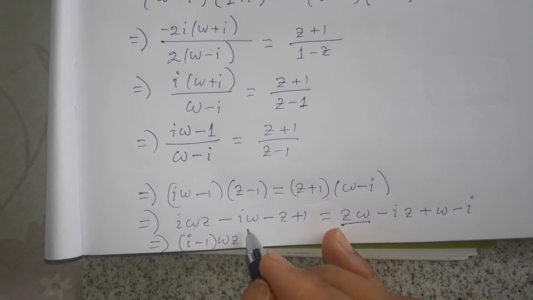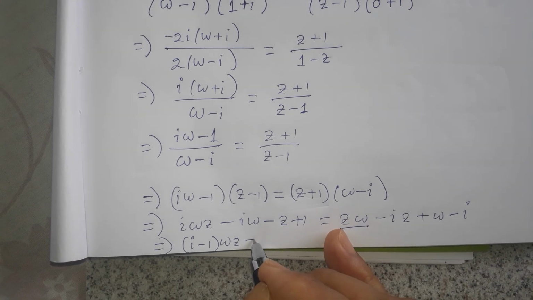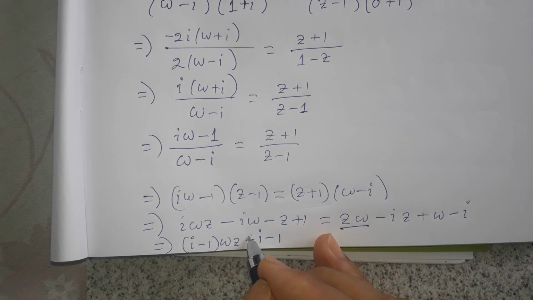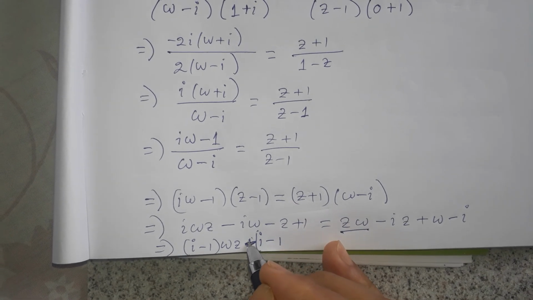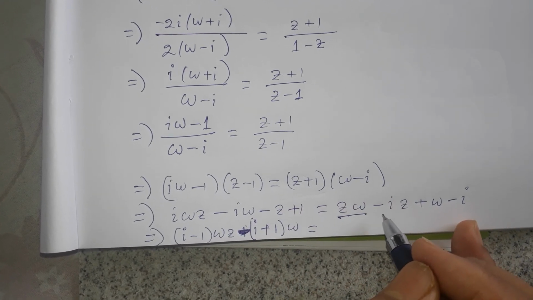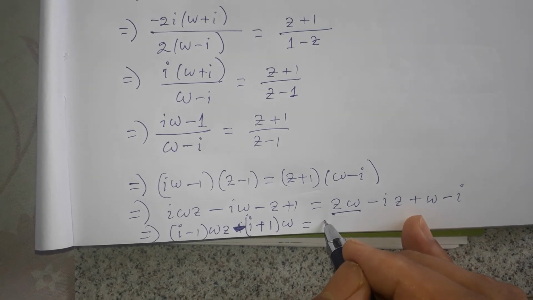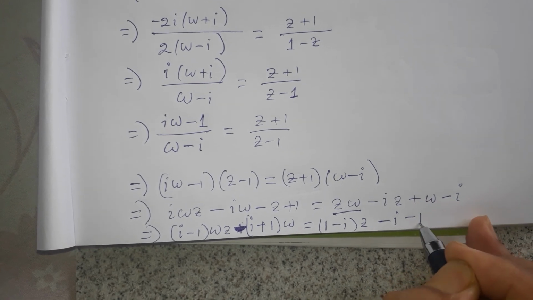Okay, and here your w will be minus i and minus 1, so it is minus (i plus 1) w, and if you take the z terms on that side, you will see that this is (1 minus i) z and minus i minus 1.